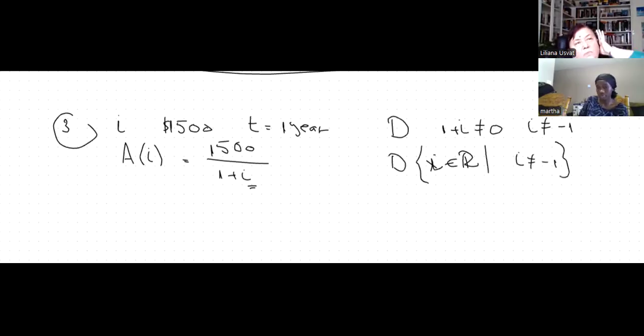I is usually positive, because when you deposit money in a bank, you expect to have some sort of profit. But sometimes you lose money, and then the interest is negative.